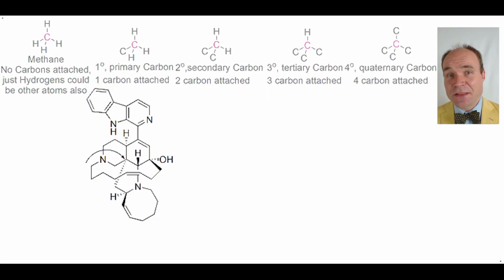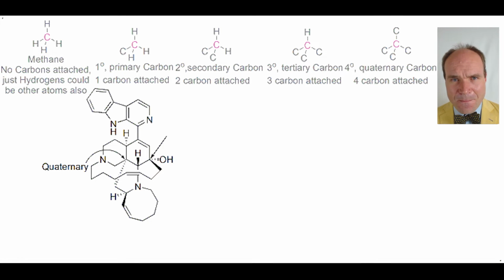So this carbon has four other carbons attached, so it's a quaternary carbon. Next, let's look at this carbon. Okay, we've got an oxygen attached, but we're not so worried about that. We're looking for carbons. There are three other carbons attached to this carbon, so it's a tertiary carbon.